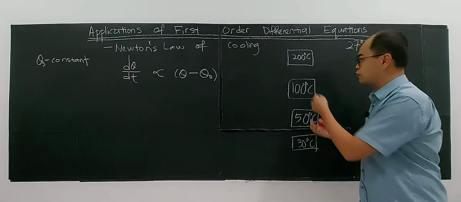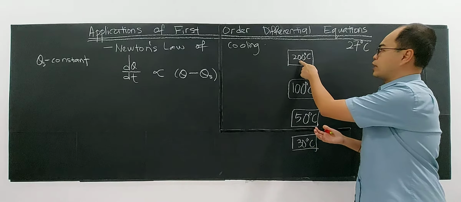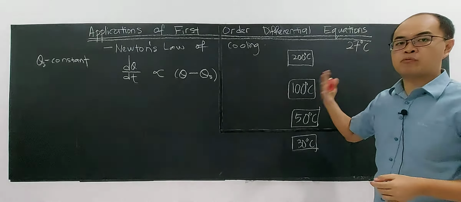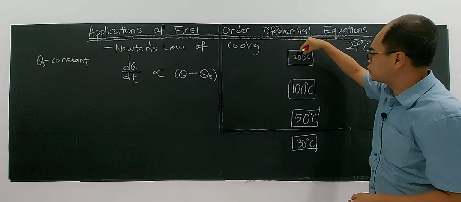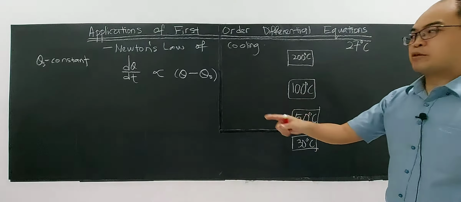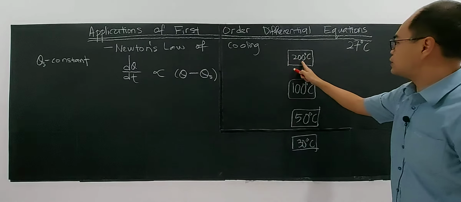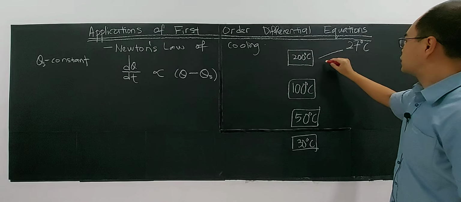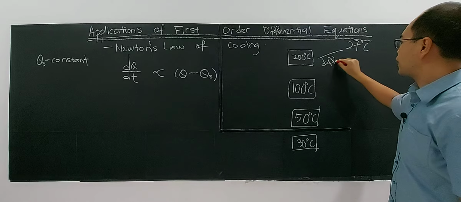The heat transfer becomes lower. When you touch the hot object, you feel the pain because the heat transfer from the object to your hand is very fast, since the difference between its temperature and the surrounding temperature is very big.